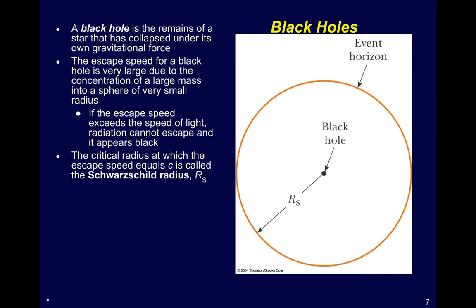And there's a critical radius at which the escape speed equals c, and this is known as the Schwarzschild radius. That defines where we have something called the event horizon. This is an imaginary surface from which no light can escape.